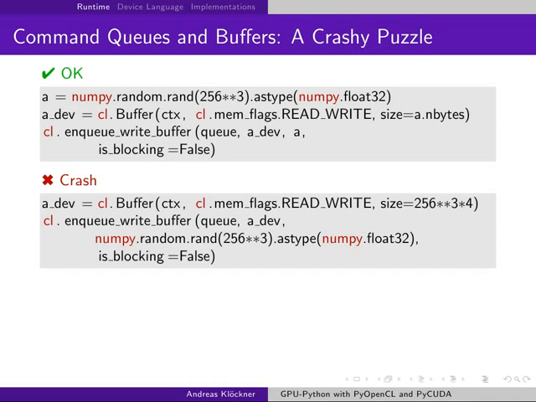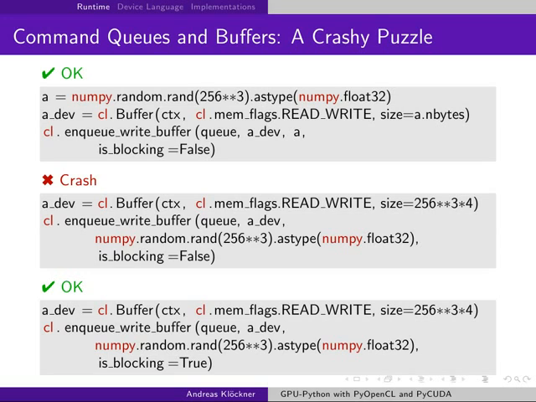In any case, it's not valid. So that's why you get a crash. One proper way of doing this is to use a blocking transfer, so that you know that by the time you get here, the use of this memory is over. So unless you care very much about performance, it's usually wise to default to blocking transfers, and this is what recent versions of PyOpenCL do.